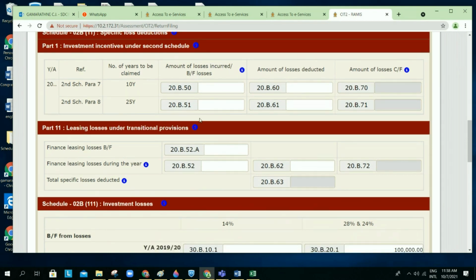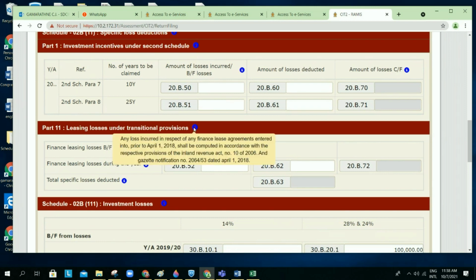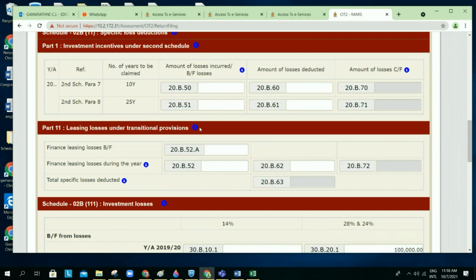And also this is the leasing losses. This is a manufacturing company, not a leasing company. Therefore this section comes under the transitional gazette. If a company is engaged in the leasing business and entered the leasing agreement before 2018 April 1st, then as per the transitional gazette, if there is any loss incurred, they can claim it from any other business profit.